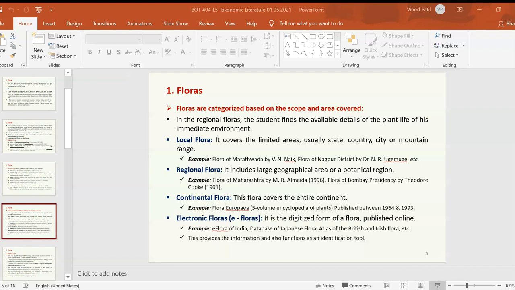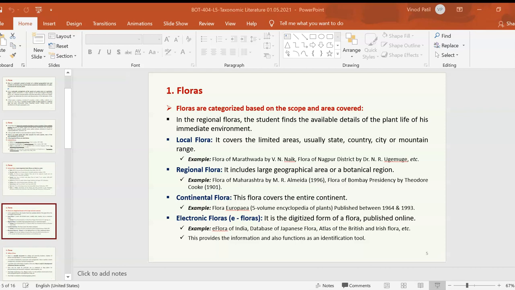So here the people try to describe each and every available, observed, reported flowering plant in that location. But many times, dear students, many of the researchers do not cite each and every plant because surveys are carried out differently.